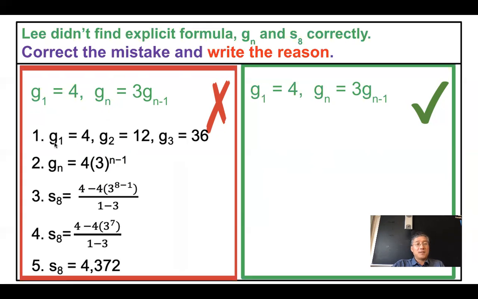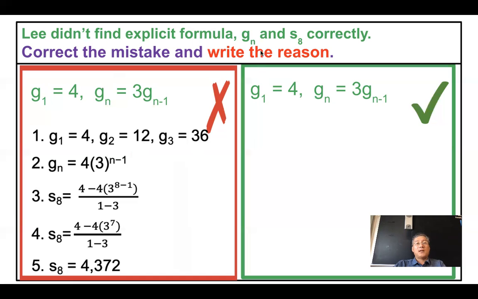So the first step, Lee listed the first three numbers of the sequence. So 4 times 3 is 12, 12 times 3 is 36, 36 times 3 is next, 108, like this, right? And found the first term is 4, common ratio R is equal to 3. So found the formula 4 times 3 to the n minus 1 power.